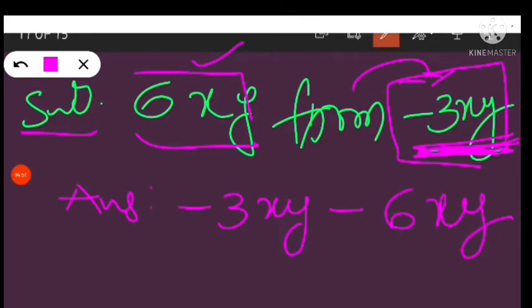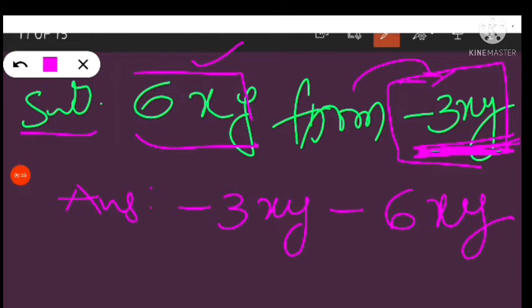This is the required expression from the English phrase written on the screen, that is, subtract 6xy from minus 3xy. But this is not a sufficient answer, because we need to subtract this 6xy from this minus 3xy, so we need to write the answer after doing all simplifications.